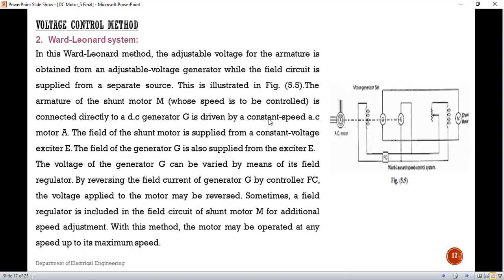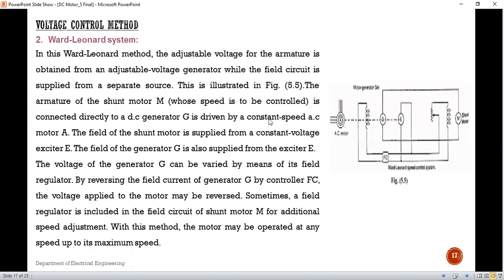That means the speed control ratio obtained is wide, 10:1, and according to this method, very sensitive speed control is required. So with the Ward-Leonard system we can control the speed over a wider range, so its ratio becomes 10:1 or 1:10.